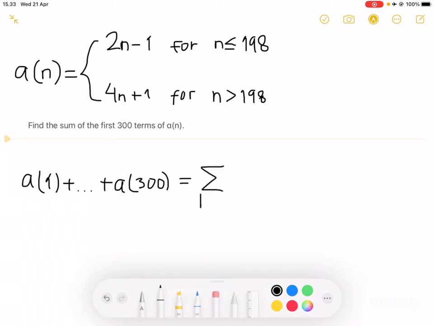So we can suppose a variable k equals 1 to 300. This basically means the sum of a certain function evaluated from k equals 1 to k equals 300. So we can have A of k there.